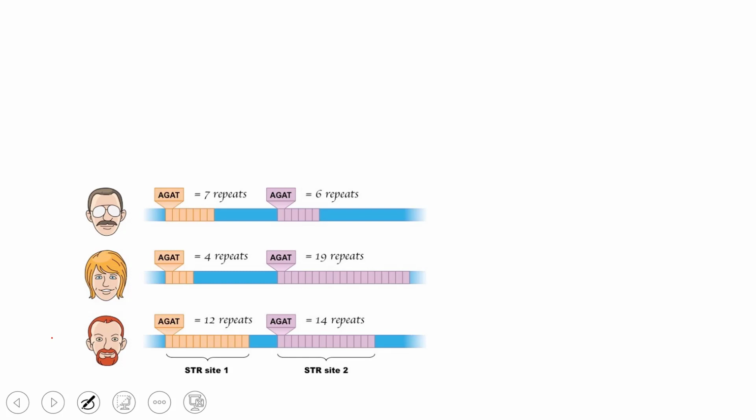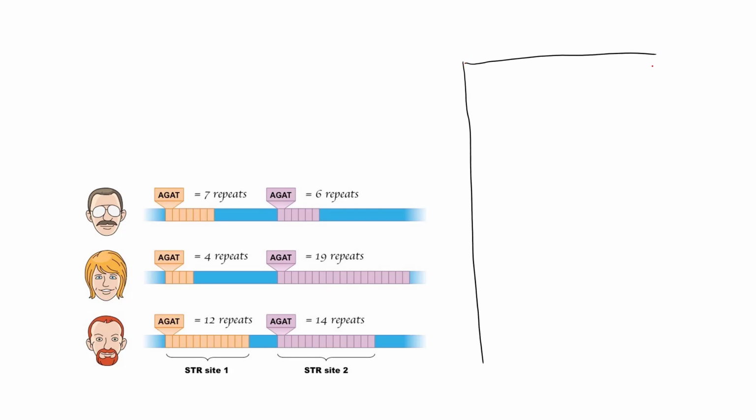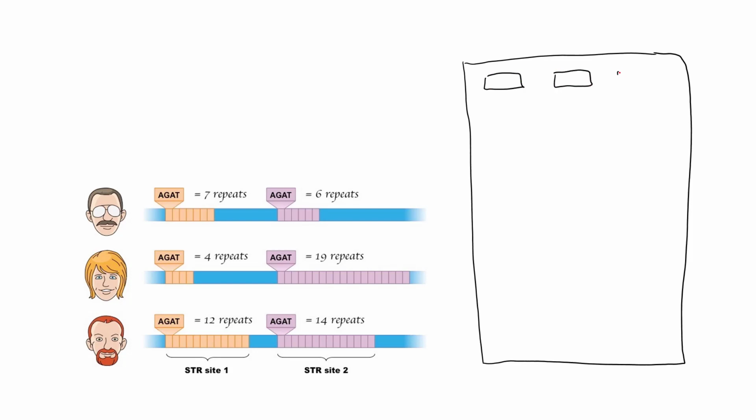Okay, so now let's practice gel electrophoresis with our 3 suspects from earlier, where we know what their repeat numbers would be. So imagine we were going to run these onto a gel, and we have 3 samples, so we'll say we have 3 wells.